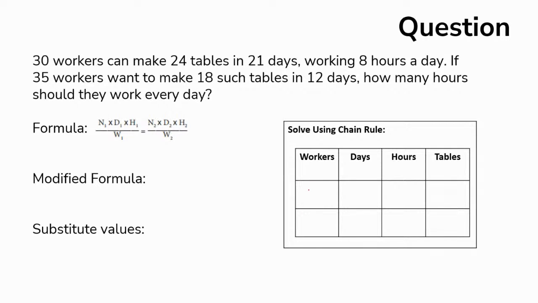So in the first case, workers are 30, number of days is 21, number of hours is 8, and they can make 24 tables. And in the second case, it is 35 workers, 12 days, the number of hours we have to calculate, and the number of tables to be made is 18.